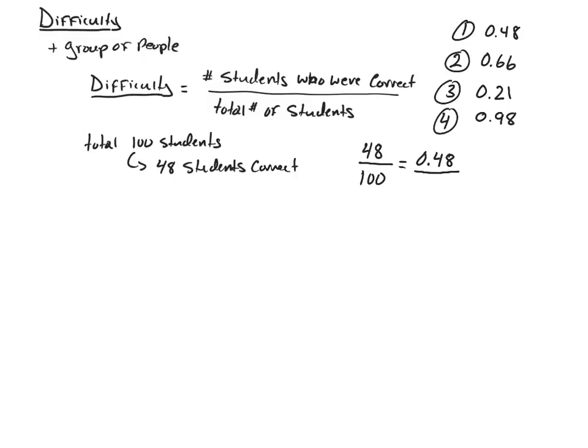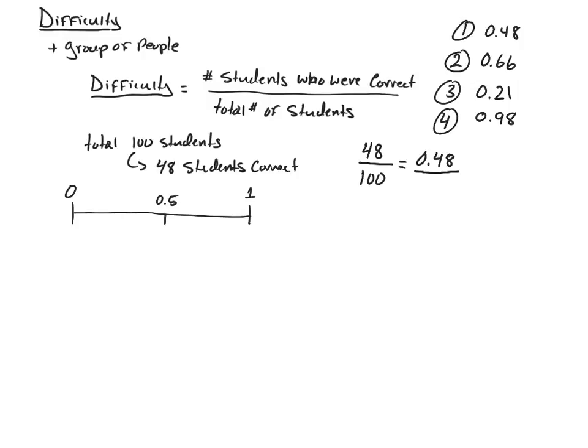Well, when we think about it, I'll draw a little line graph here. Difficulty goes from 0 to 1, and then we have 0.5 in the middle.